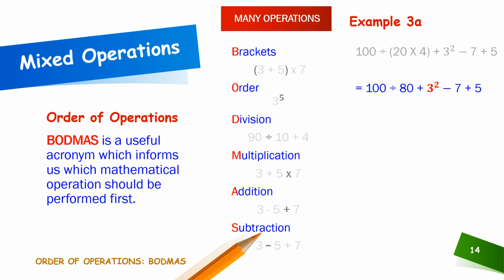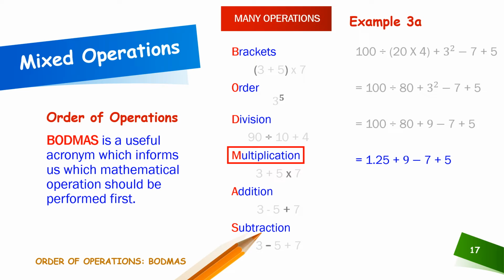There is an order or power, namely 3 squared. This equals 9. We substitute 9 in place of 3 squared. Now see if there are any divisions. There is a division, namely 100 divided by 80. This equals 1.25. We substitute 1.25 in place of 100 divided by 80.